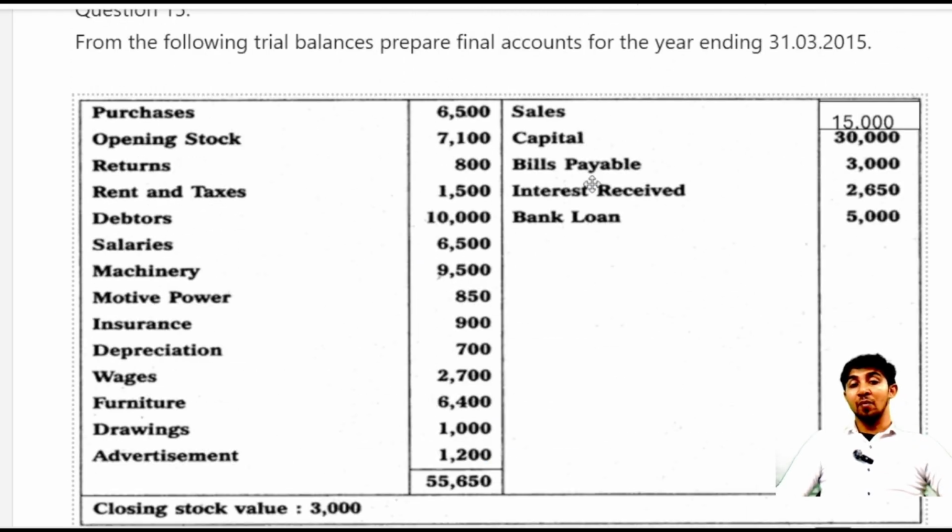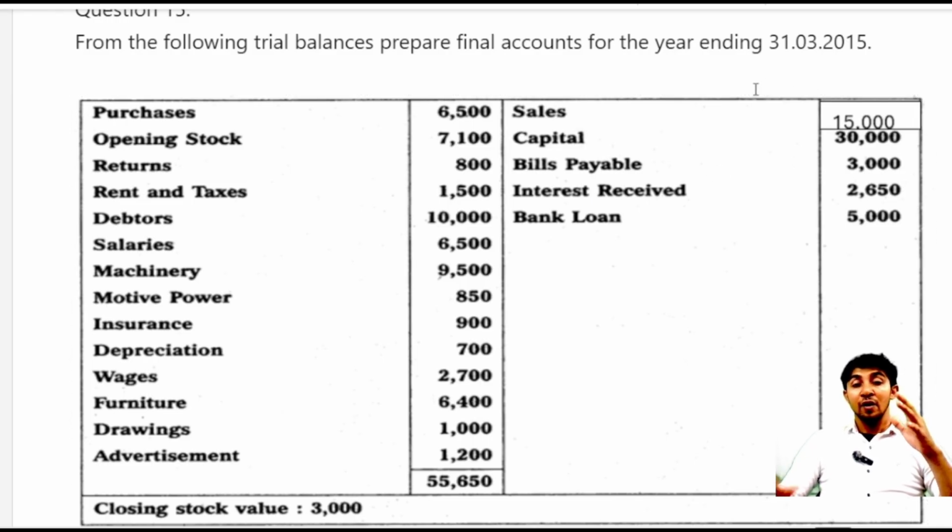Now, let us begin with the credit side of trading account. The first item on the credit side of trading account will be sales, and the last item on the credit side is closing stock, right? Before writing the value of sales, we need to search for sales return on the debit side.